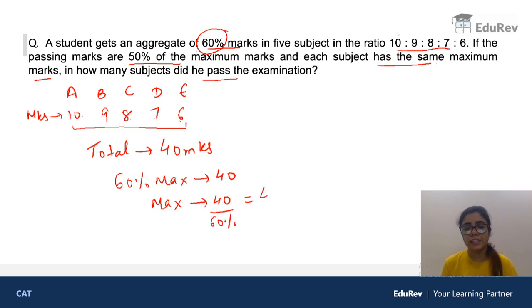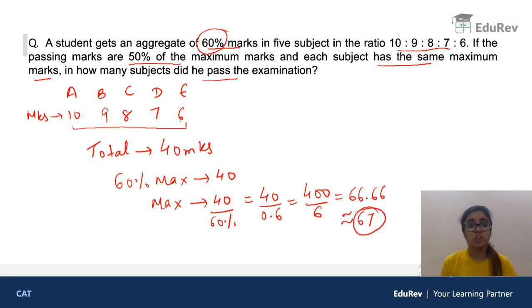Or I can write this as 40 upon 0.6. Okay? Or you can also write this as 400 upon 6. So this will come out to be 66.66, or you can approximate it to 67. So the total marks or the maximum marks, okay, of all the subjects together was 67.